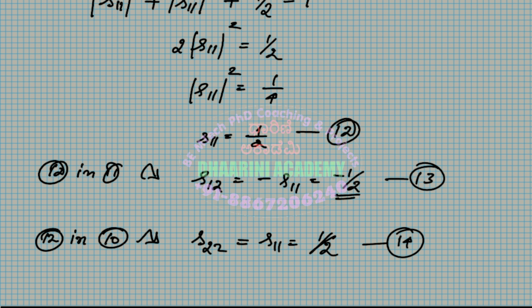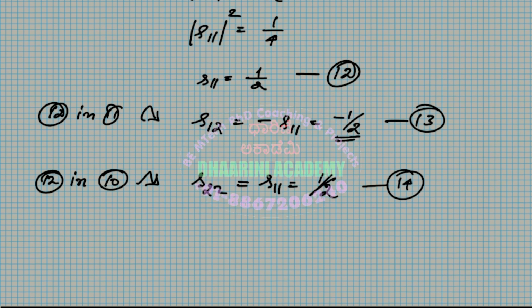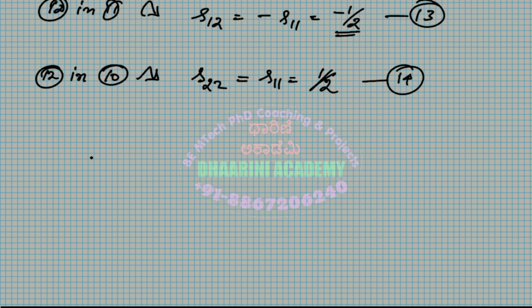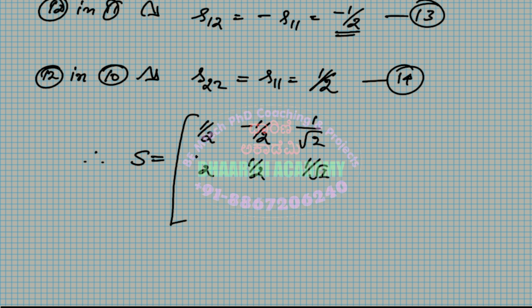I think we got each and every value. So we will fill out the S matrix. Therefore, the S matrix equals: S11 is 1 by 2, S12 is minus of S11, so minus 1 by 2, S13 initially calculated 1 by root 2. Next row: minus half, S22 is half, same as S11, and S23 is 1 by root 2.